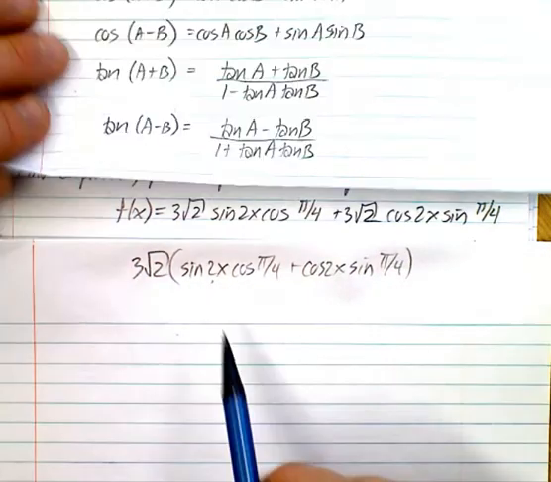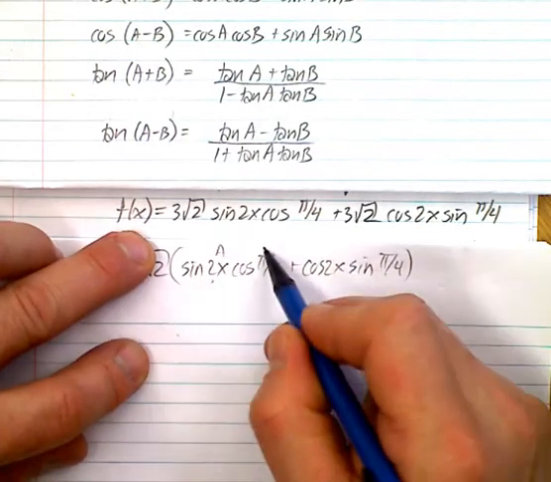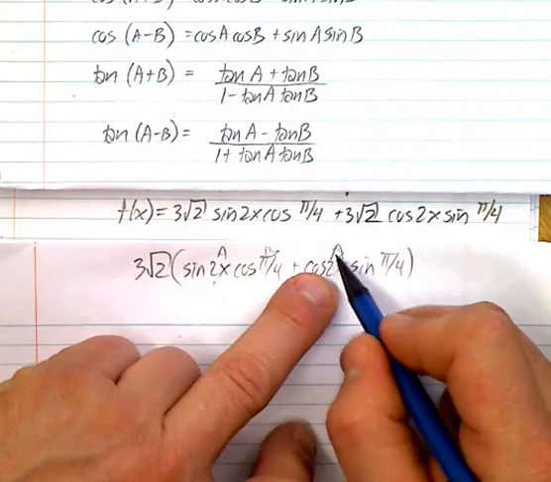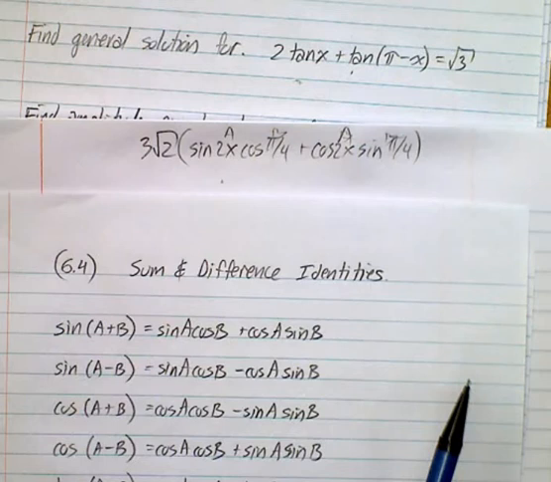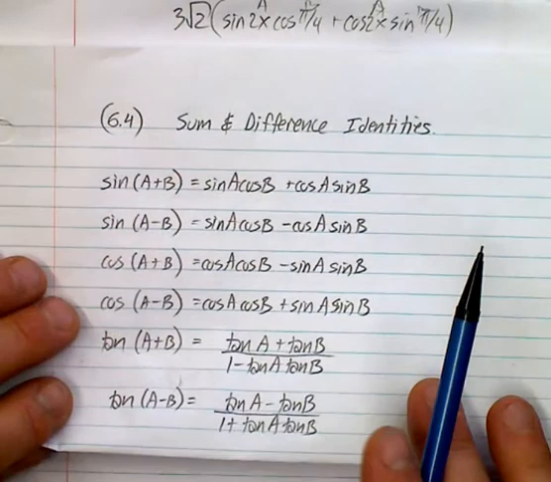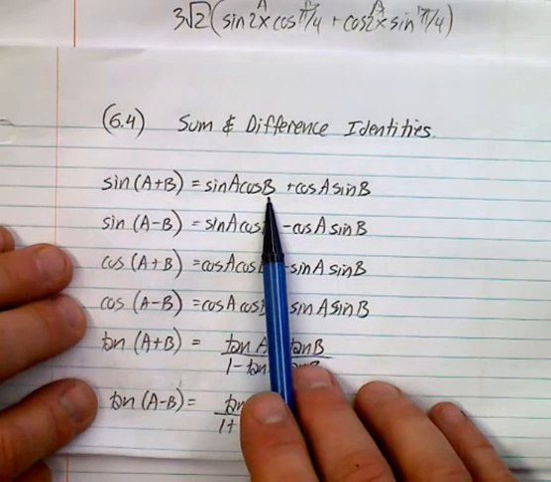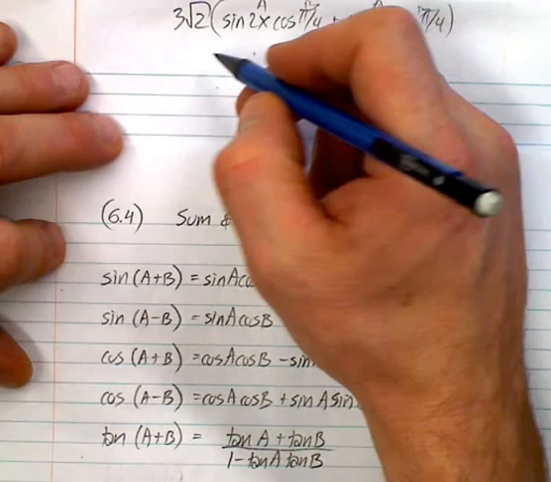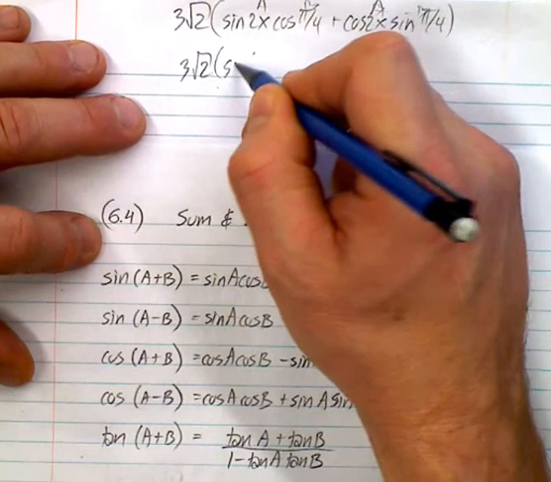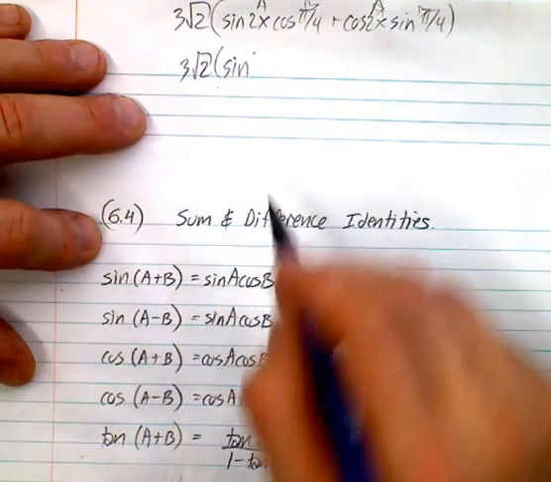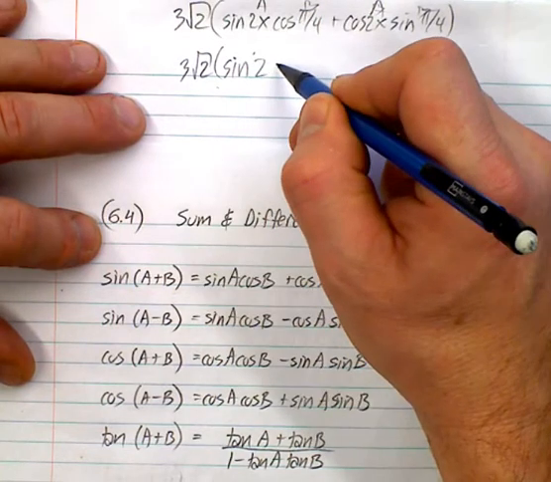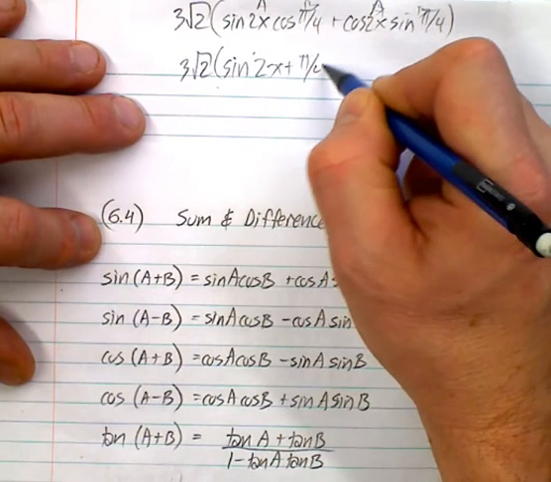If you look at this, it's like sine A cos B plus cos A sine B. That looks like just sine A plus B. So this is going to be 3 root 2, and then sine of 2x plus pi over 4.